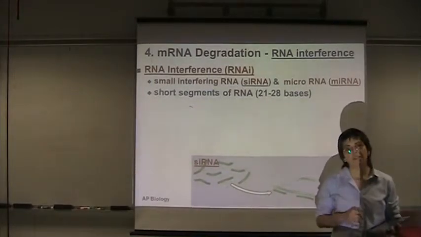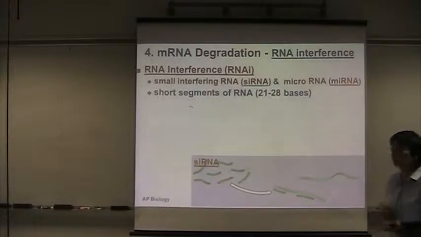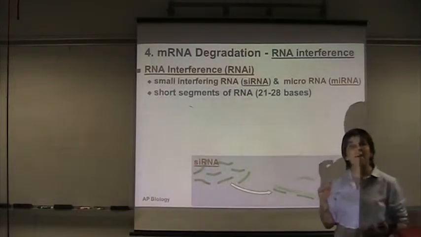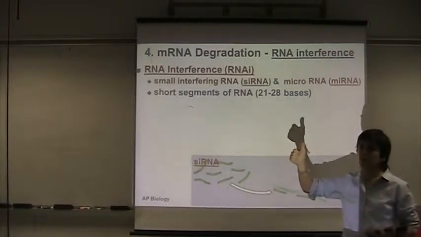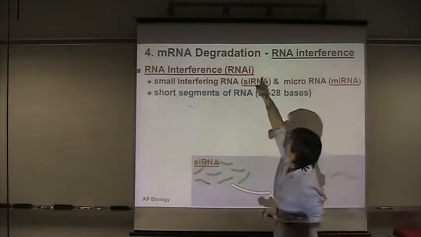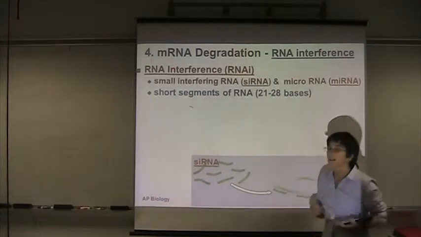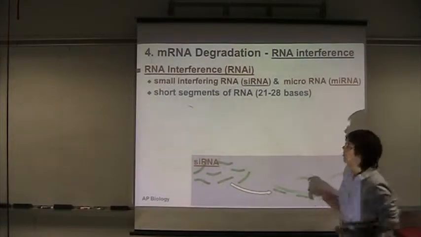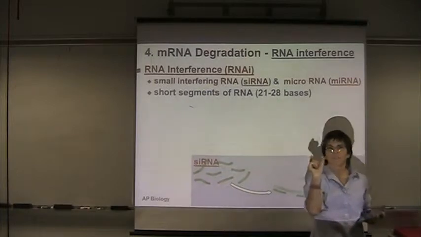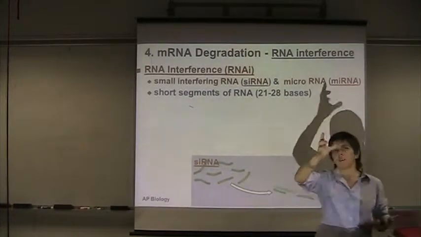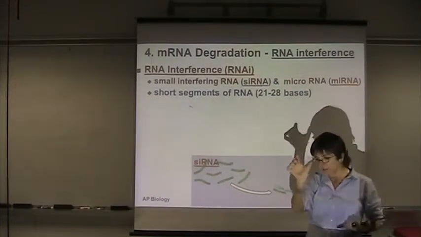And what they have discovered is that there are 2 different types of RNA. One called small interfering RNA, siRNA, and another type that we call microRNA. These are small pieces of RNA, about 20 to 30, 40 nucleotides long.